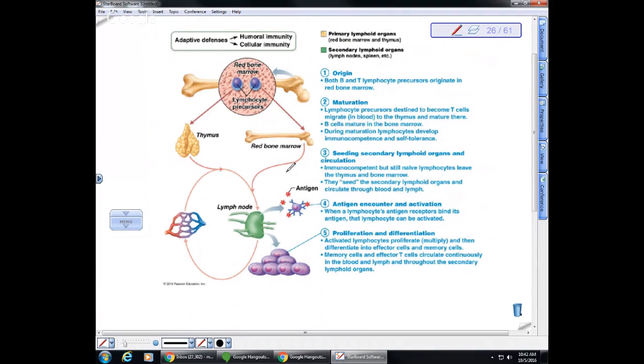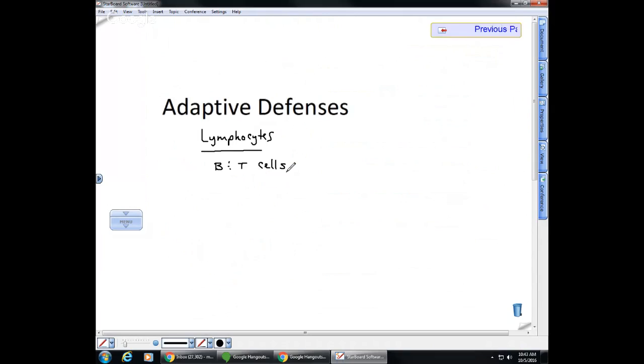But I wanted to talk about what happens that allows the T cells, specifically the T cells, to mature. So I want to talk about the maturation of T cells.